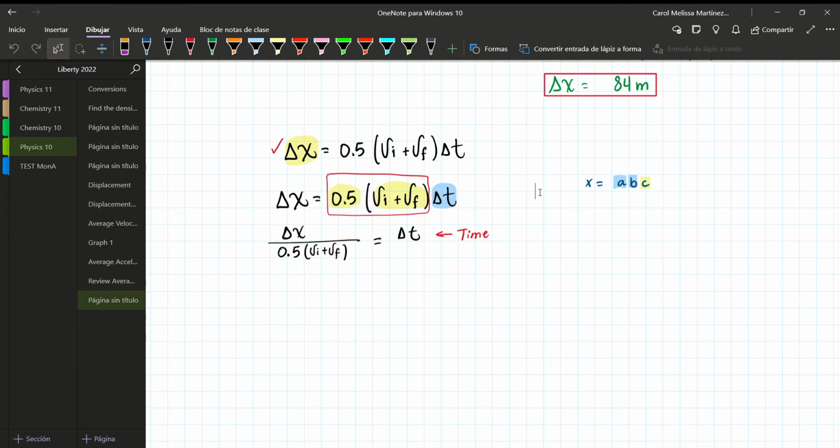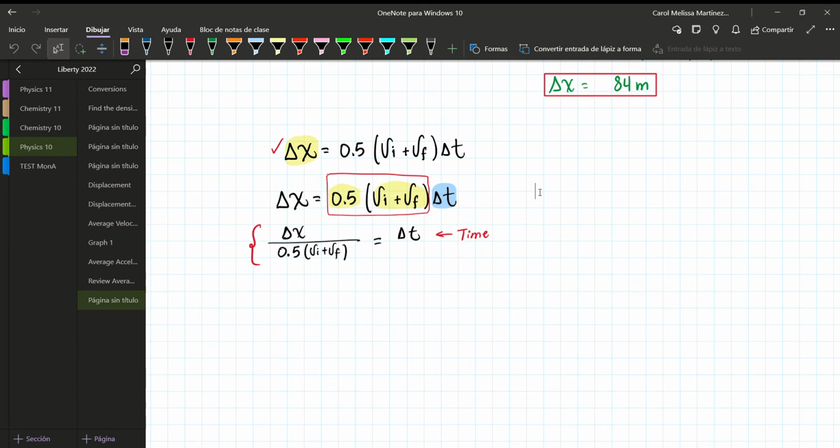So if you want to isolate, you're going to send ab to the other side to divide. That's exactly what I did here. The only difference is that instead of a, I have 0.5, and instead of b, I have parentheses with the velocities in it. But the isolation idea is the exact same. So in the case that you need to isolate for the time, this is the equation that you have to use.